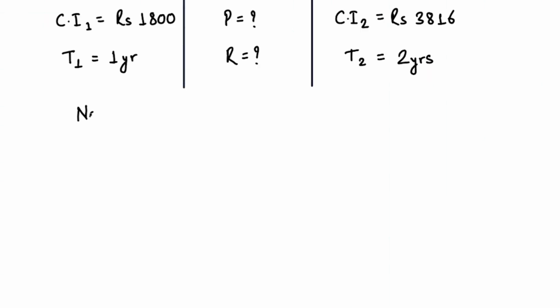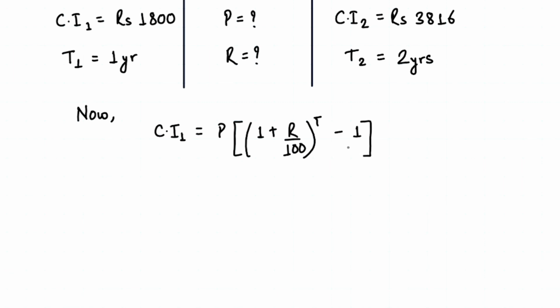Now, we're going to make two equations from these two cases. So from our first case, we have compound interest 1 is equal to the formula of compound interest, P bracket, again bracket 1 plus R divided by 100, bracket close, power T minus 1, bracket close. So this is our T1.